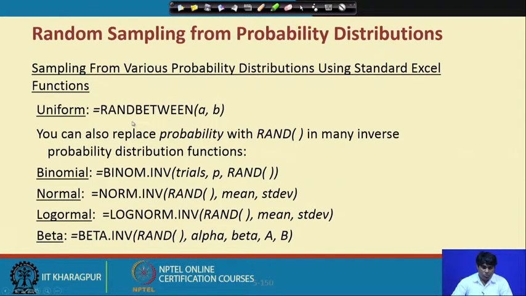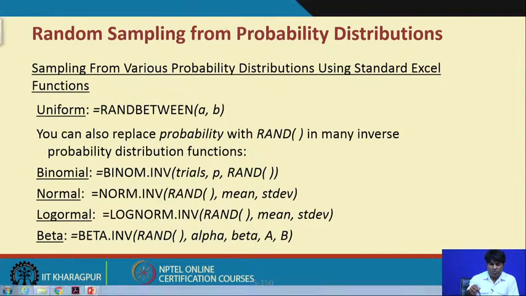So if you go to the Excel spreadsheet, these are all various commands to work out the particular distribution. In the last lectures, in fact, we have discussed the binomial probability structure, normal distribution structure, log normal, beta distributions, uniform distributions.